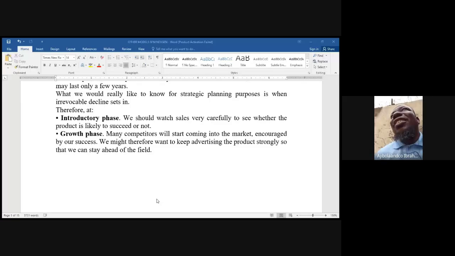It is clear that the volume of sales will be very, very low. Now, if the emphasis on promotion gains ground, they say it is now growing. At growth, the sales volume will increase tremendously, but the challenge will change, meaning the first challenge of acceptance has been overcome.